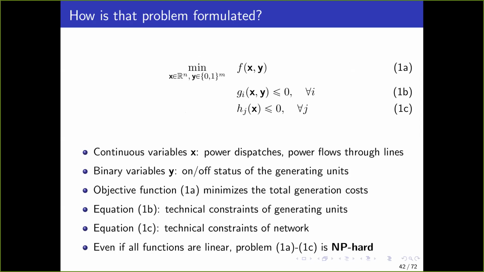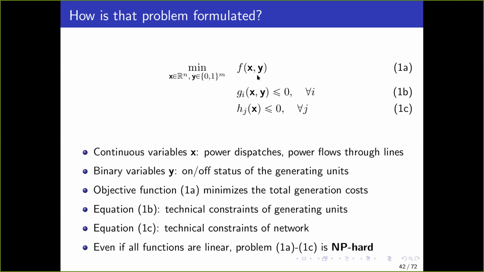Mathematically, you can formulate a unit commitment problem in a very generic way, like this, where you have an objective function, and then continuous variables x, which represent dispatches and power flows, and binary variables y, which are the status of the units.